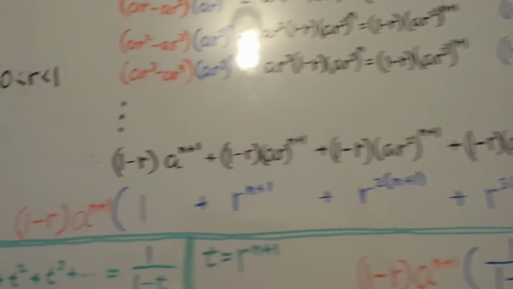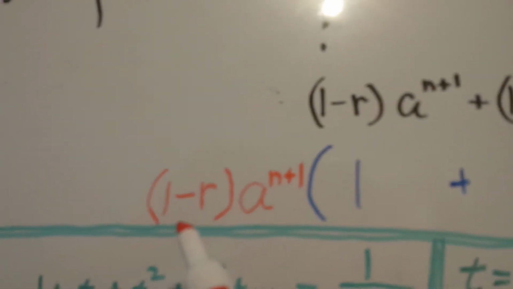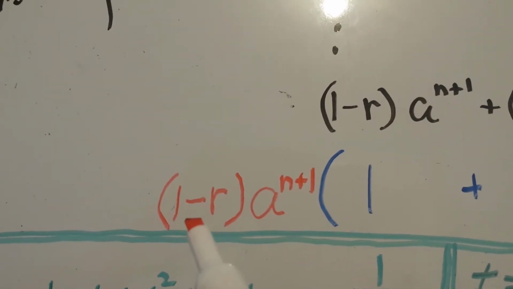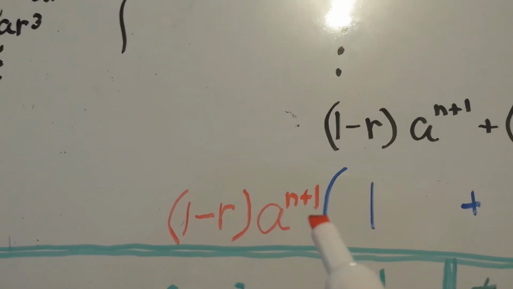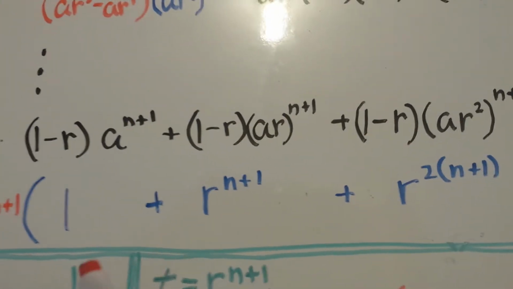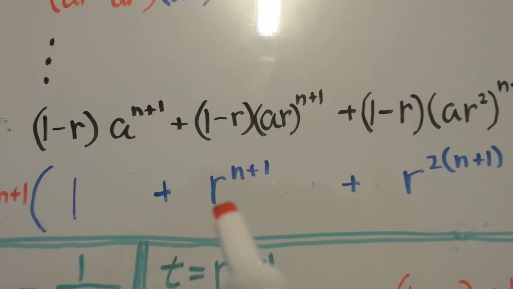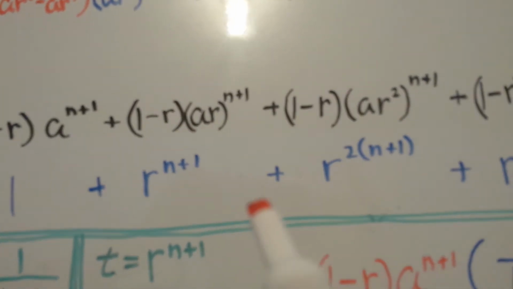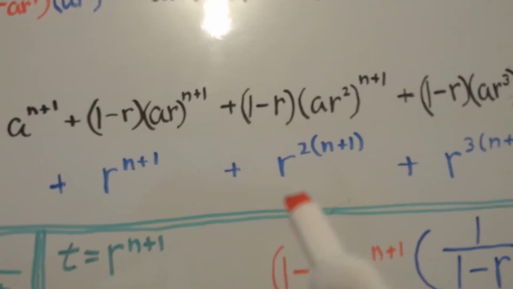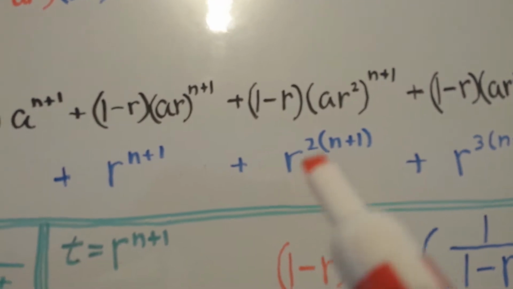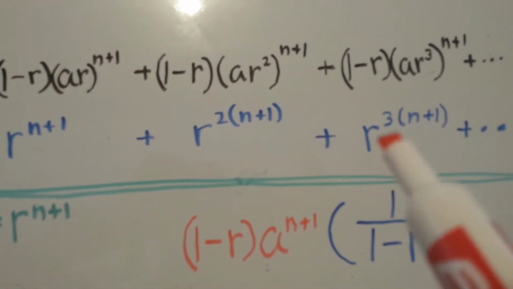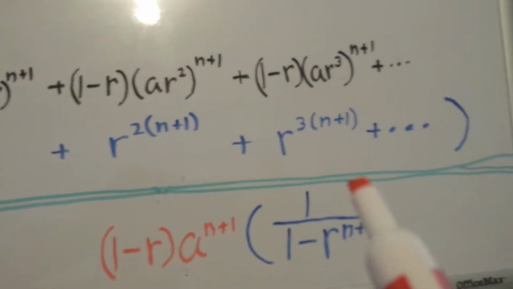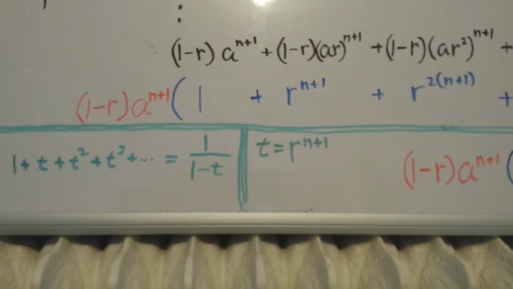What we can do is factor out the quantity 1 minus r times a to the power of n plus 1, and we get 1 plus r to the n plus 1, plus r to the power of 2 times n plus 1, plus r to the power of 3 times n plus 1, etc.